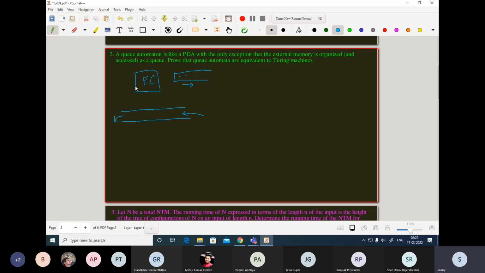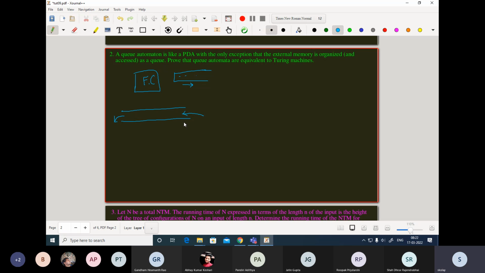And you have some states in your finite control, and you have a queue as your external memory, where a queue is first in, first out. So the first element is popped out, and the new thing that you put in is pushed to the end of the queue.